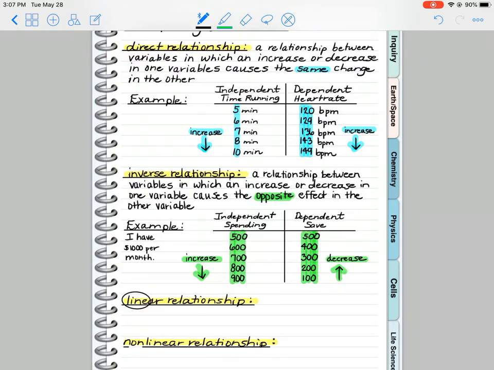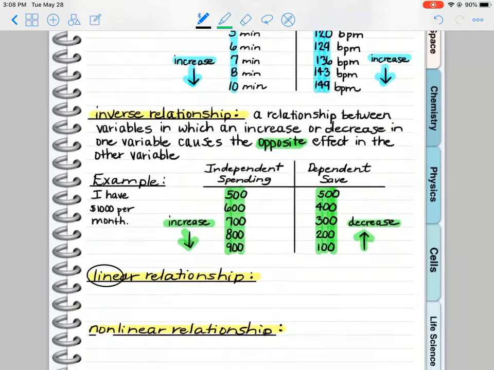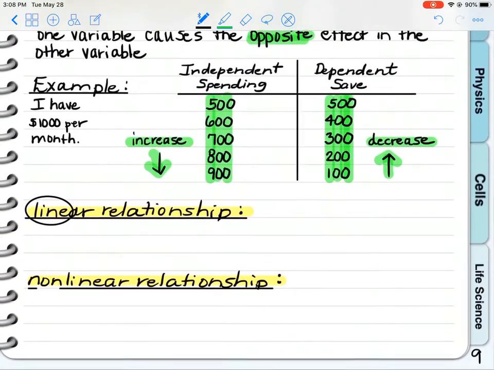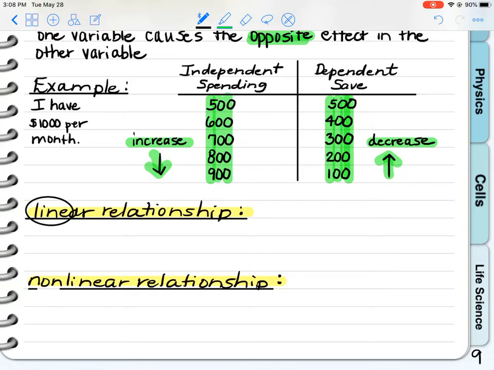Okay, a linear relationship. I'm going to give you these definitions, and then I'll show you an example of these also. Anyway, linear comes from the word line, and you'll see that in just a minute. Just hang with me here.